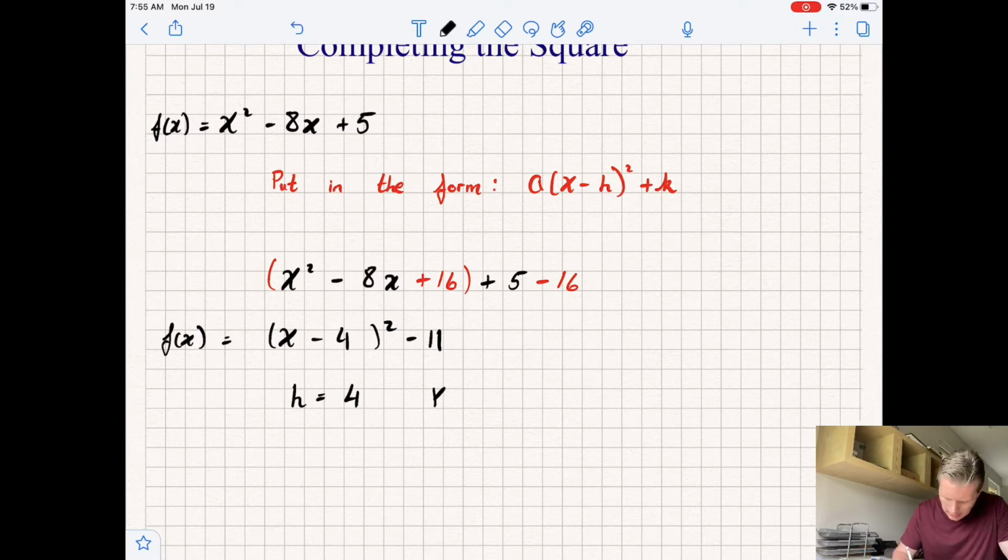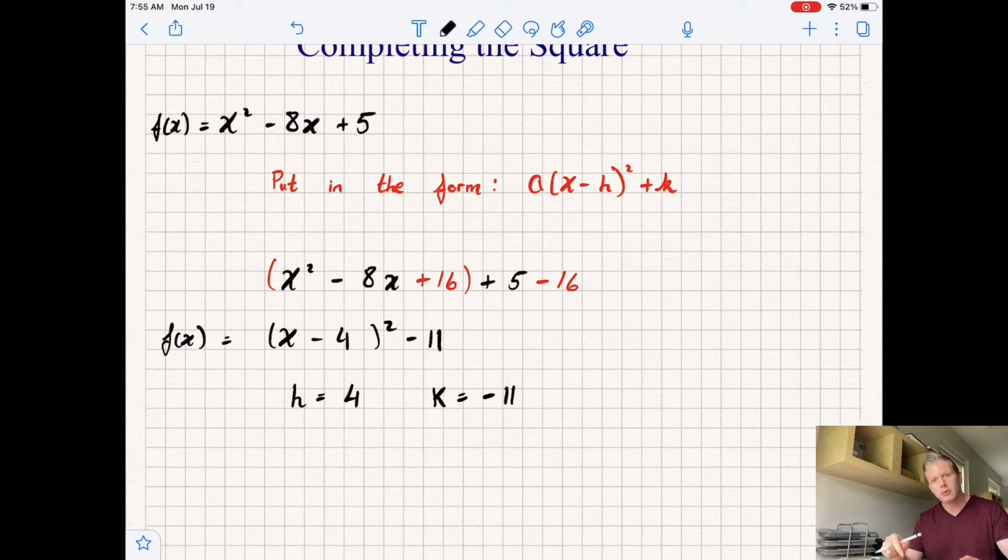So what's my k? Well, my k is what's there at the end, and in my case, that's negative 11. Okay, and that's it. You've done it. You've correctly rewritten the quadratic trinomial in this completed square form, and we have identified that h and that k.